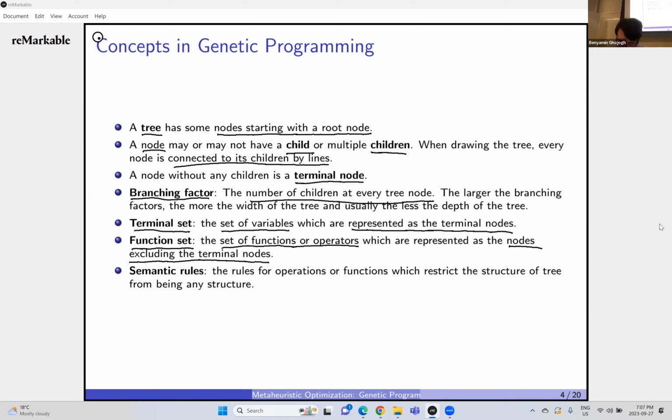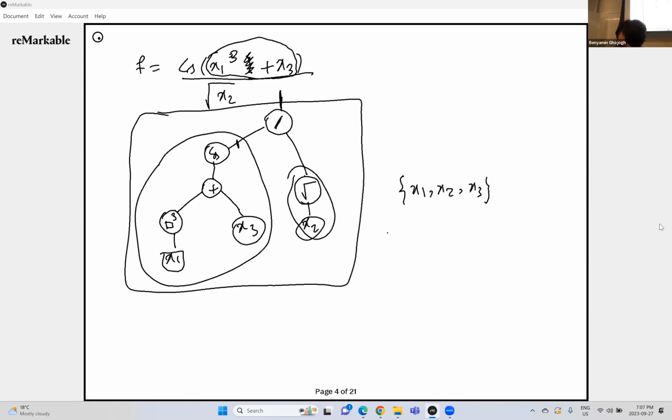In this example, what is the function set? Can you tell me, so I write it down? What are the functions used here? Don't raise hand, just shout it out. Cosine?